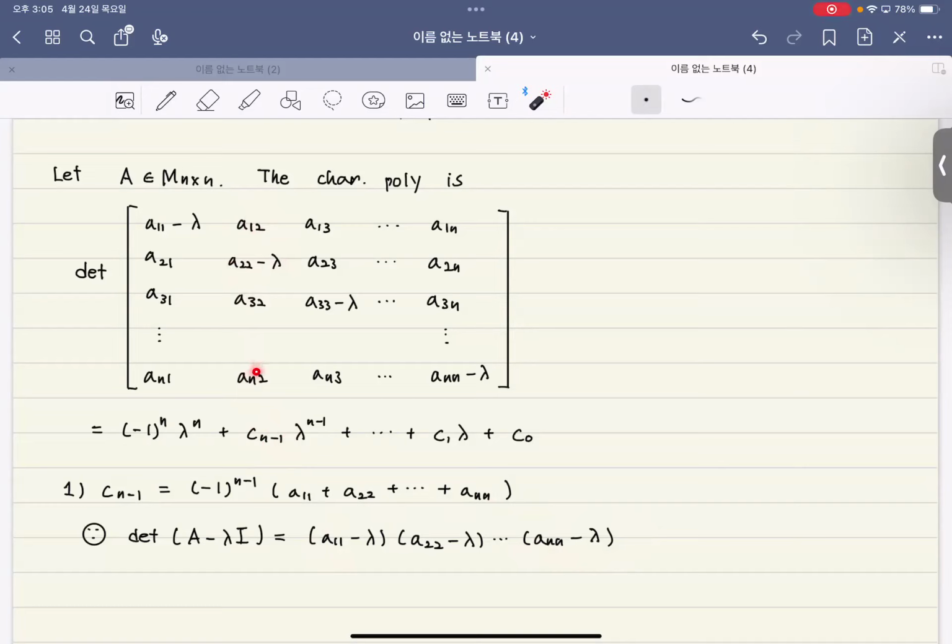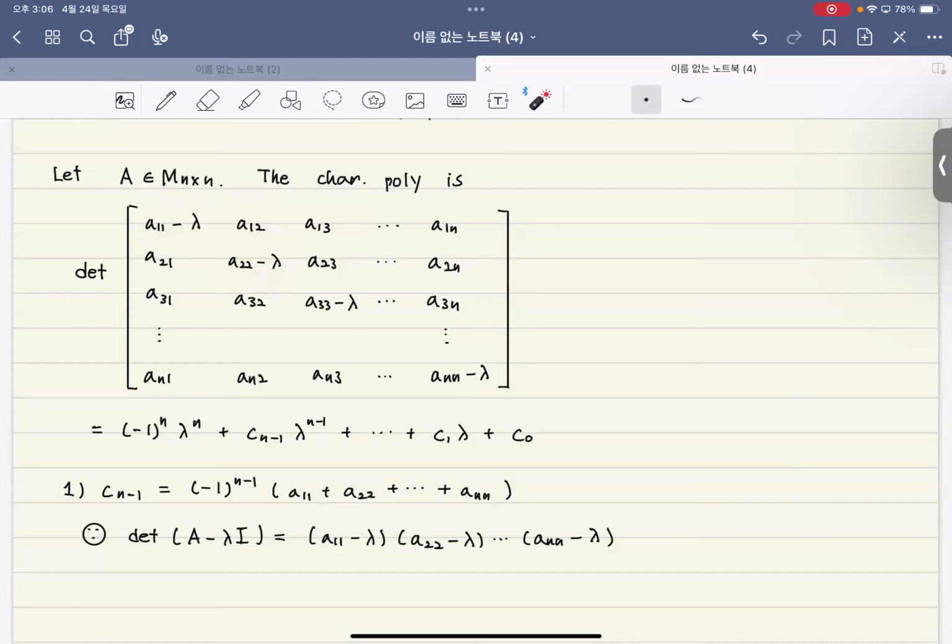So if I choose this entry, then choosing that diagonal entry is completely eliminated, and choosing the other diagonal entry is also completely eliminated.